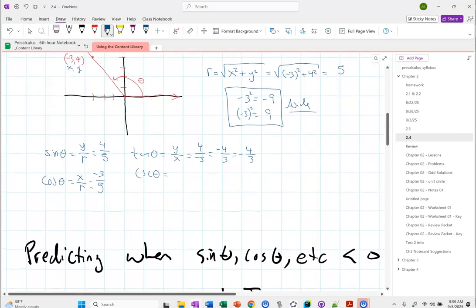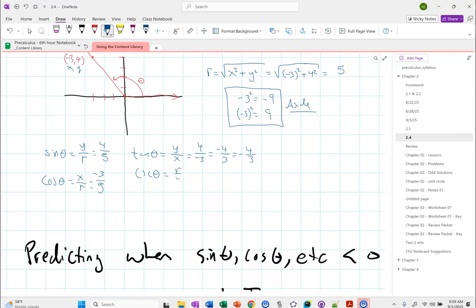Cosecant was r over y, so that's 5 over 4. Or you could think about it just as the reciprocal of sine. Yes, sir. Sure. Secant was r over x, 5 over -3.